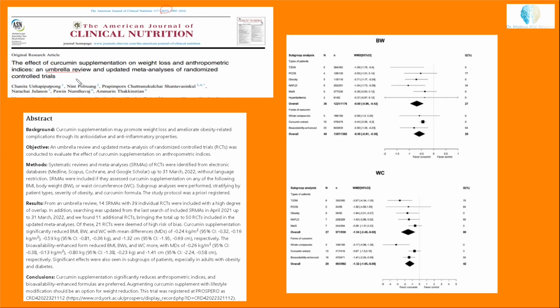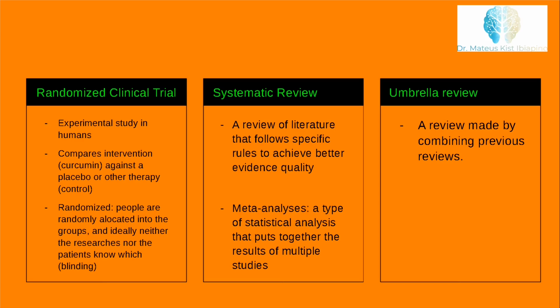Let's talk about some definitions, some concepts about the types of study to make it easier to understand not only this study, but some other studies that I'm going to mention along this class. This won't be any news to people that are health professionals, but for the lay people watching, a randomized clinical trial is an experimental study in humans.